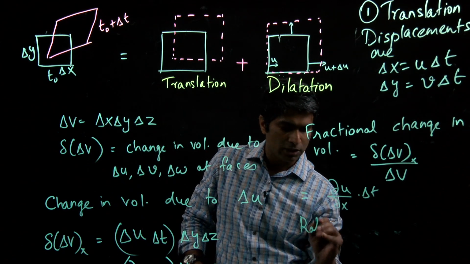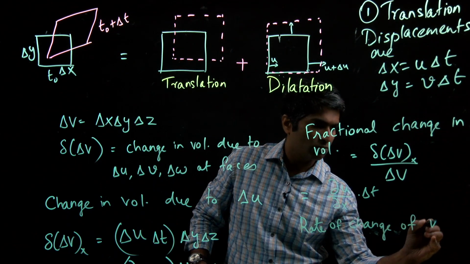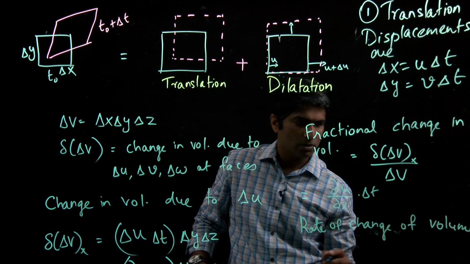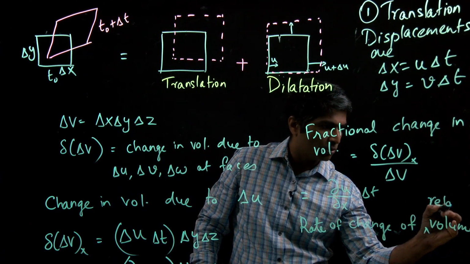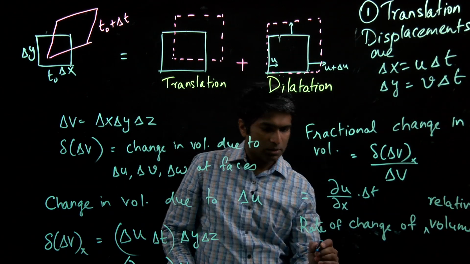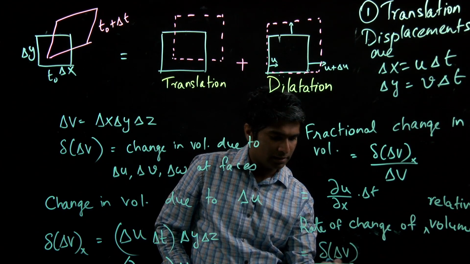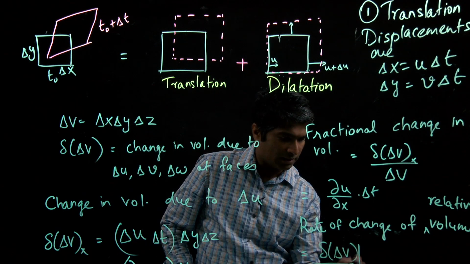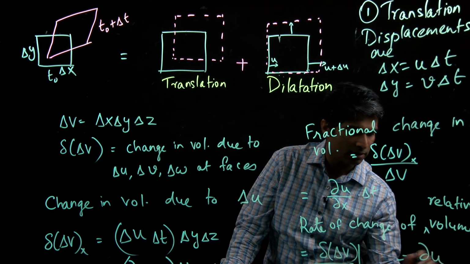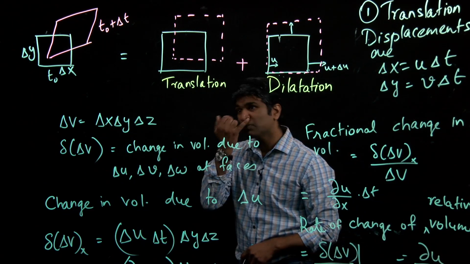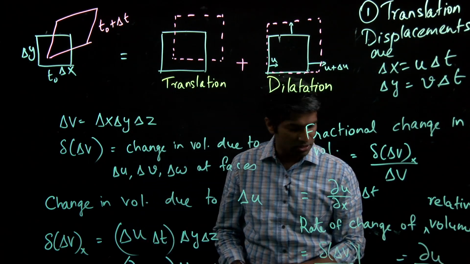And so the rate of change of relative volume, that is d delta v by dt, where delta t tends to 0, is a limit, and I get del u del x. And similarly for the y direction, I would get del v del y and del w del z.